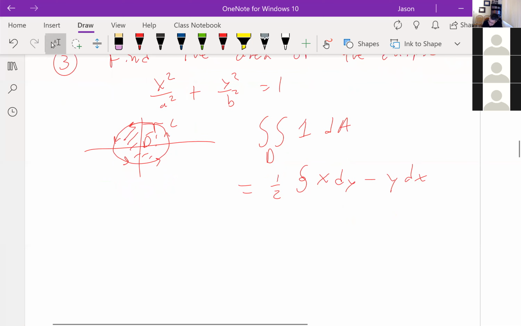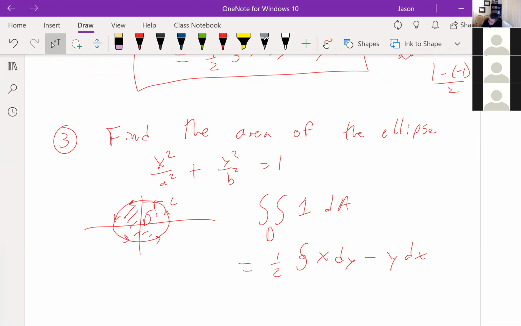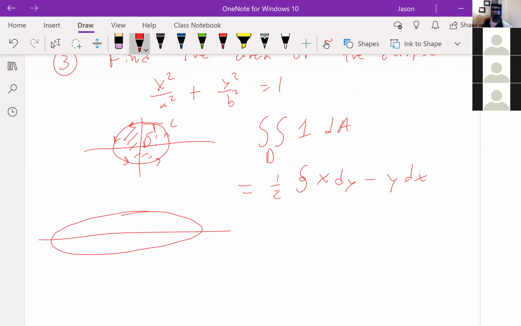Let's parameterize this function here. If I had an ellipse and I wanted to find a point on that ellipse, if I let the major axis be A and the minor axis be B, then this would be A cosine t, B sine t.